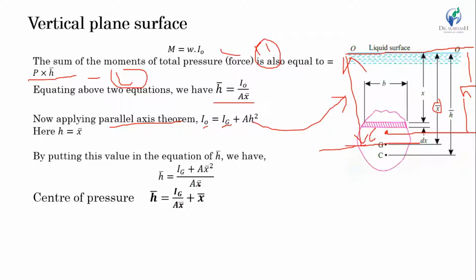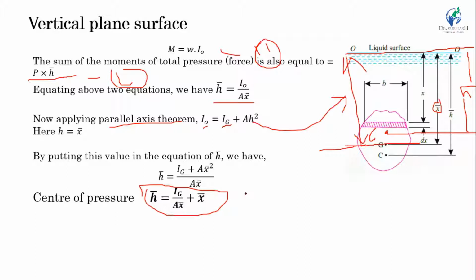And if we divide the numerator separately, we get h bar equal to Ig, which is the moment of inertia about the axis passing through the CG of the area, divided by total area times x bar, which is the distance of CG from the free surface of liquid, plus x bar.